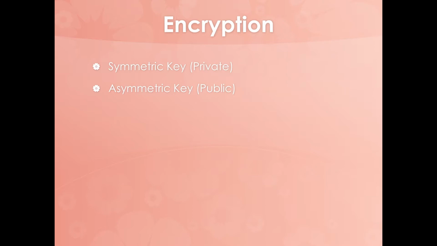Encryption is the process of taking data and encoding it into a form that cannot be read by unauthorized individuals. There are mainly two types of encryption. These are symmetric key, which is also called private key, and asymmetric key, which is also called public key.